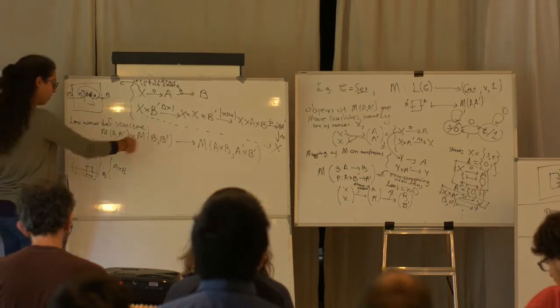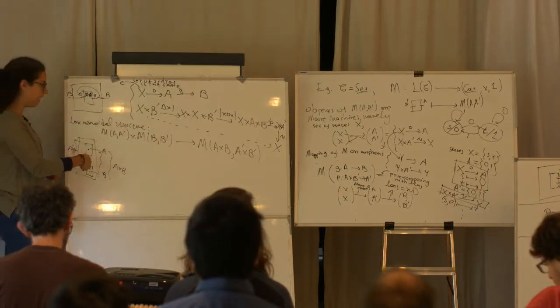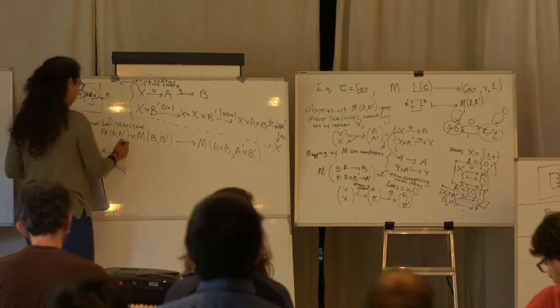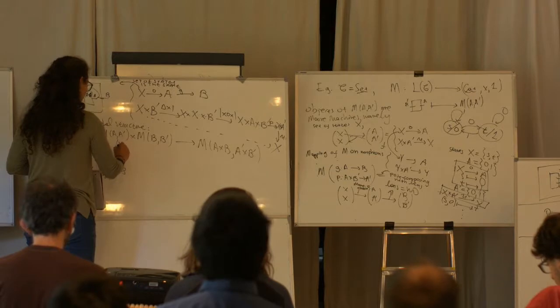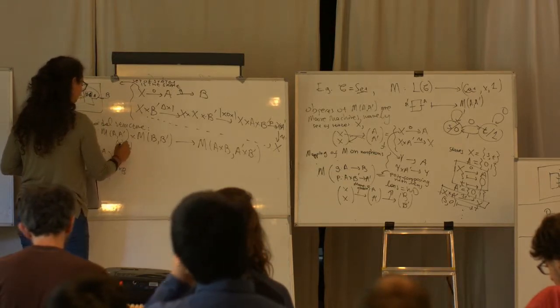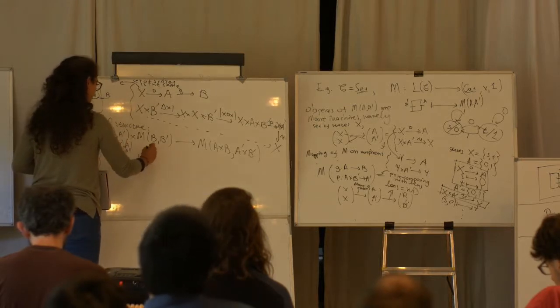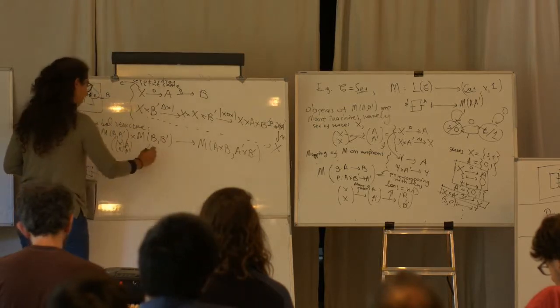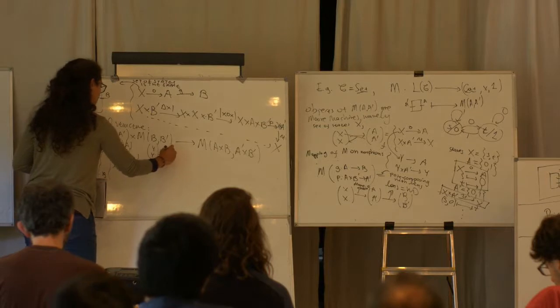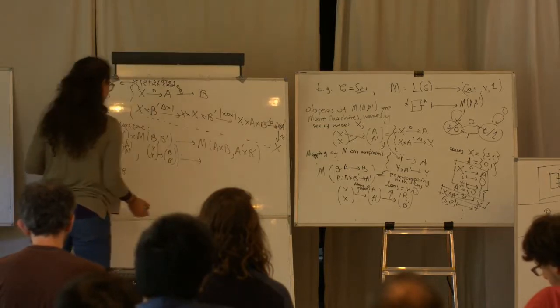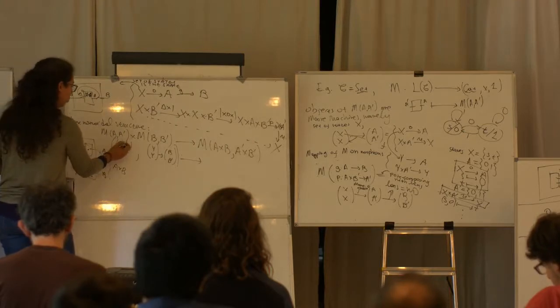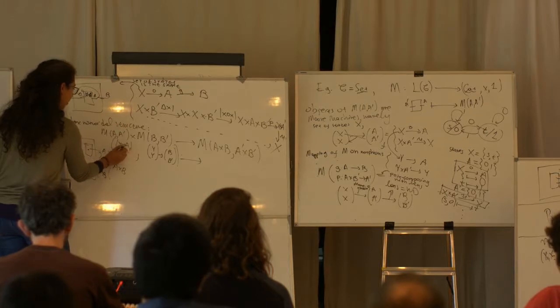Okay, so I want something that inhabits the outside box, and what do I do? Well, this is a Moore machine, right? If this is a Moore machine, then this is just a lens from X, X to A, A prime. So whenever I have one thing like this and then a different Moore machine on the other thing, Y, Y to B, B prime, then I want something that lives on this, and that's not so bad to do because you have a function here, remember the lens here, and you have a function like this.